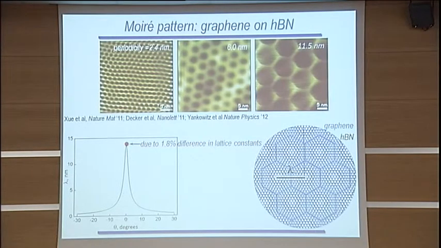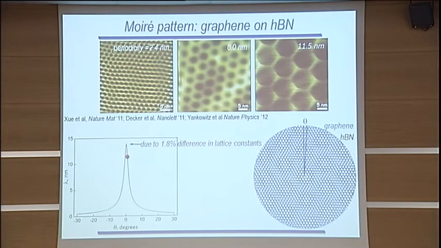So in STM experiments, you can see it quite nicely. However, the period of this Moiré, so those are not atoms; the atoms are on a much finer scale. You can just about see them there. So that's the Moiré structure, and this Moiré pattern can get very different periods, simply because it depends very much on the angle of rotation between the two lattices.